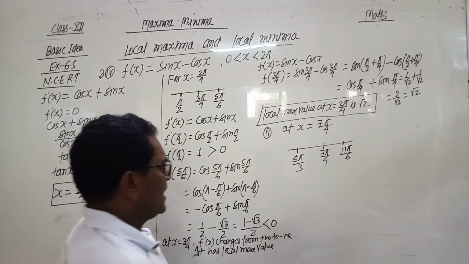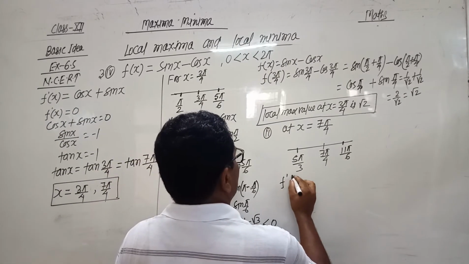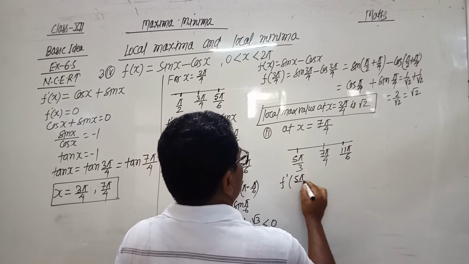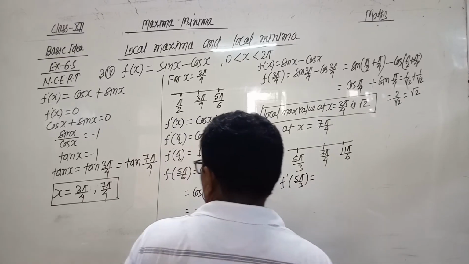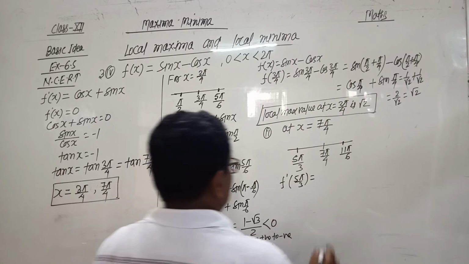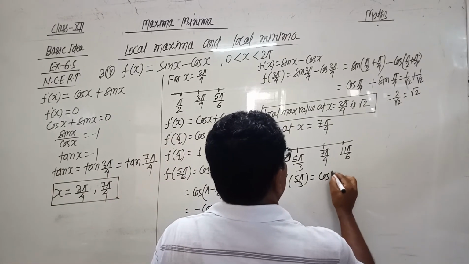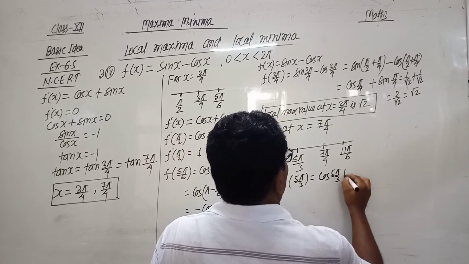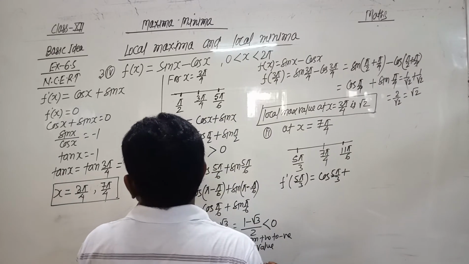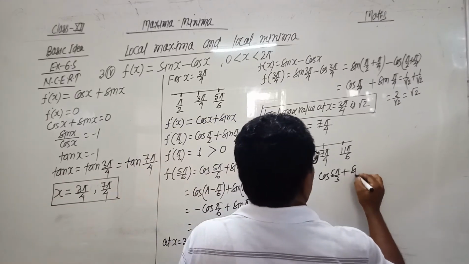So find f dash 5 pi by 3. The value of f dash x is cos 5 pi by 3 plus sin 5 pi by 3.